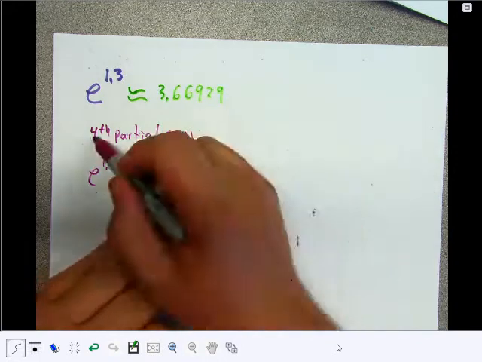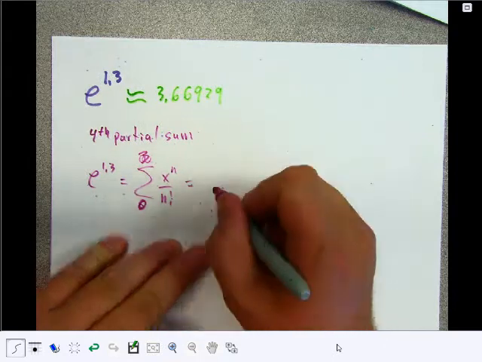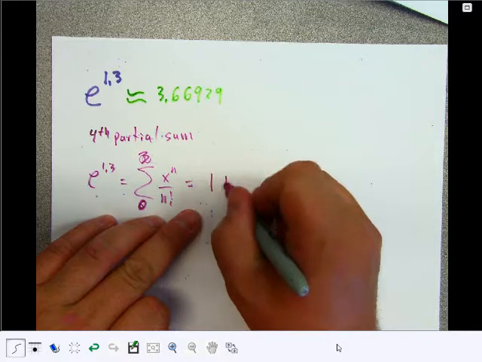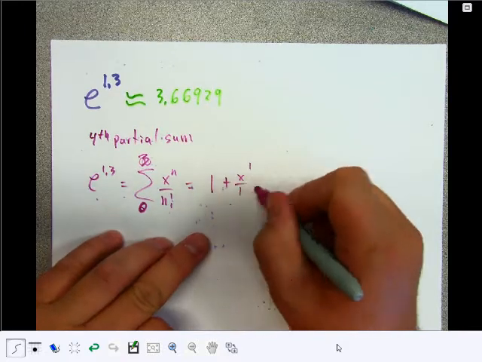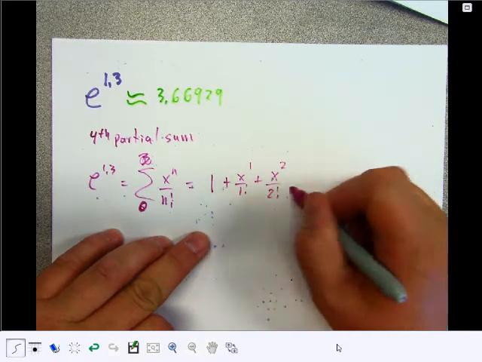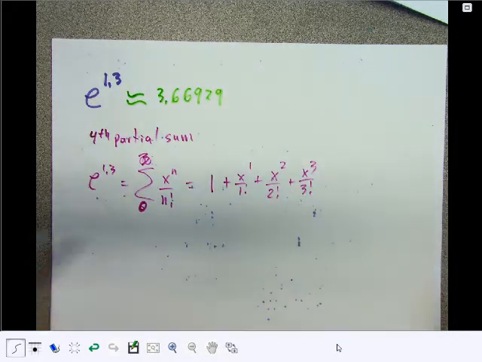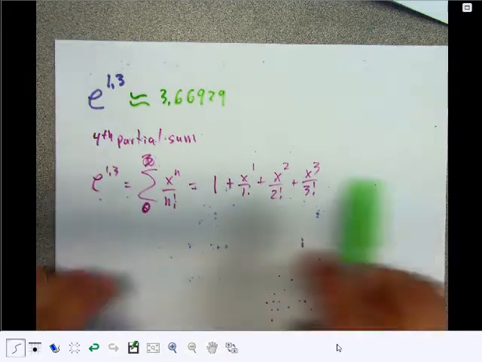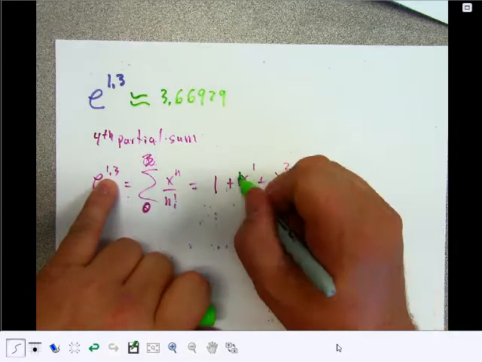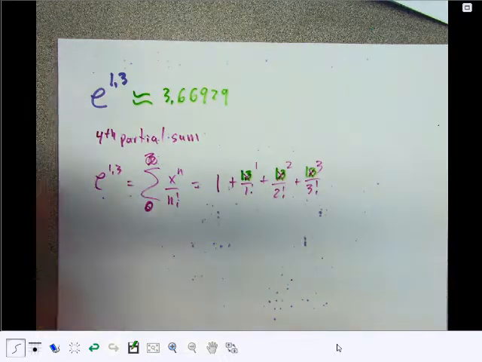But I'm only going to the fourth, so I'm going to say 0 to 3, and we can write it out as 1 plus x to the 1 over 1 factorial plus x to the 2 over 2 factorial plus x to the 3 over 3 factorial. If this were the seventh partial sum, eighth, or 10th, we just add more terms onto it. In this case, it's to the 1.3, so I'm going to put 1.3 everywhere I see x. Now I can plug it into my calculator.